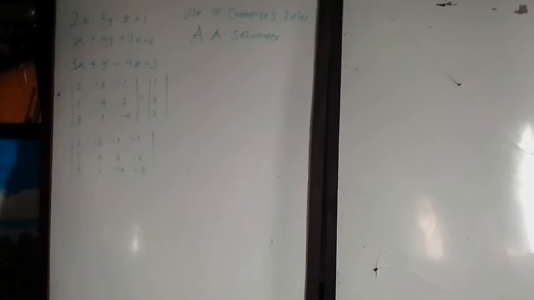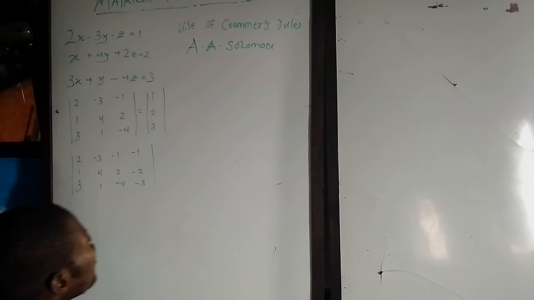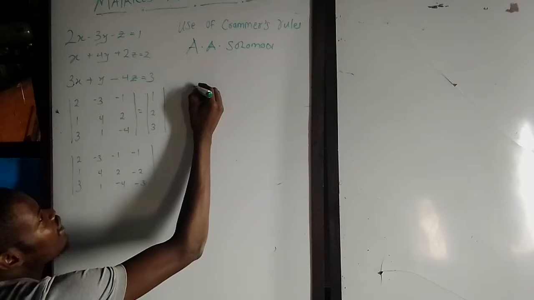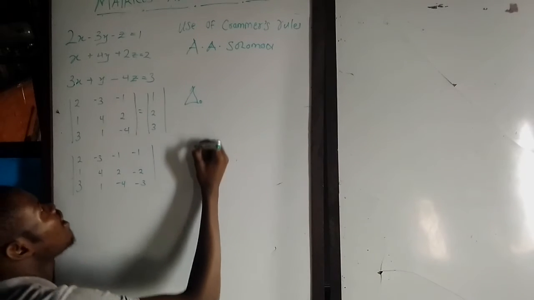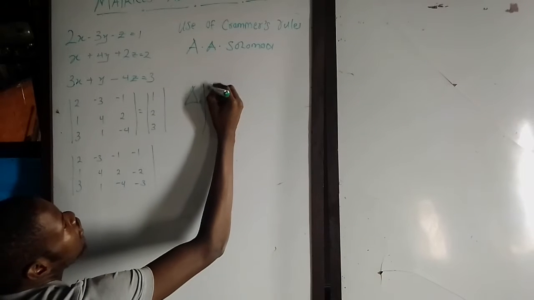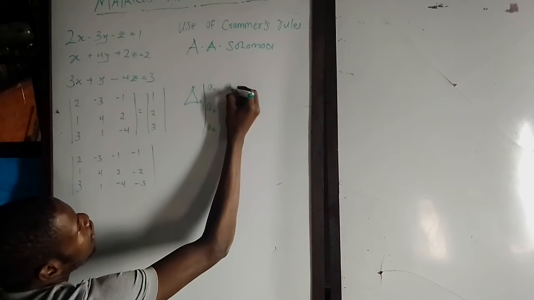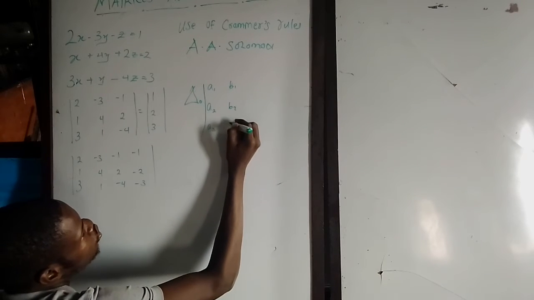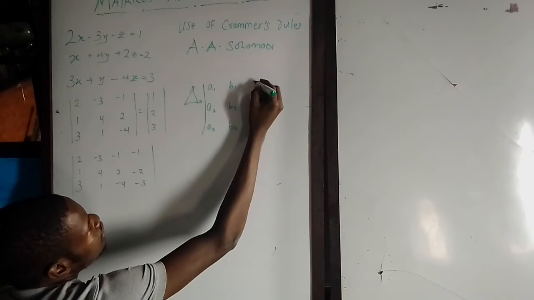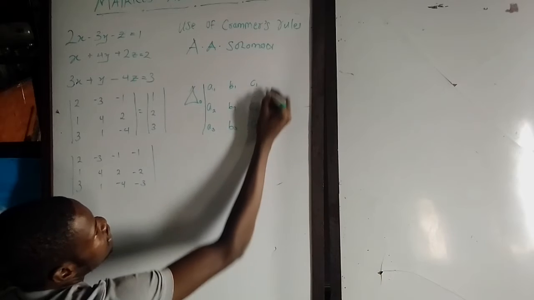So let's check for the formulas. We have our A0, which is going to be A1, A2, A3, B1, B2, B3, C1, C2, C3.